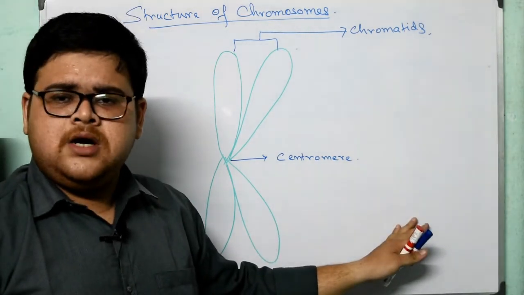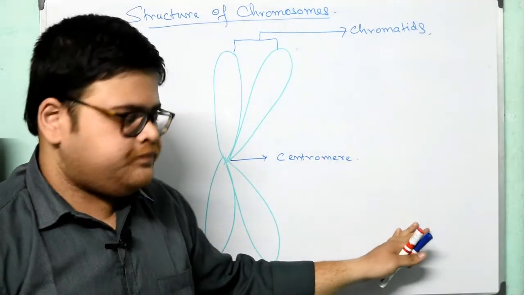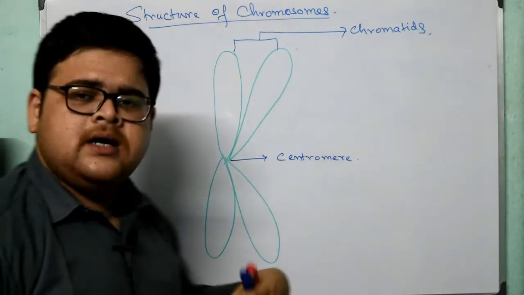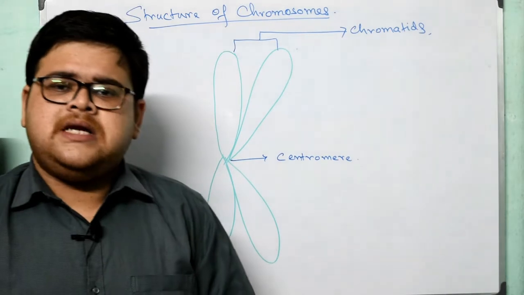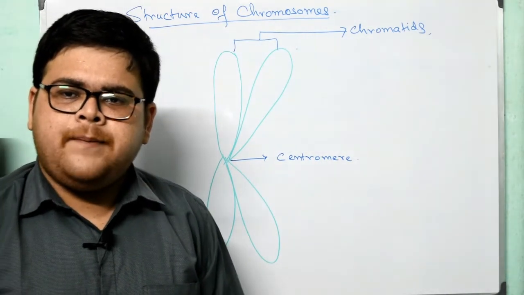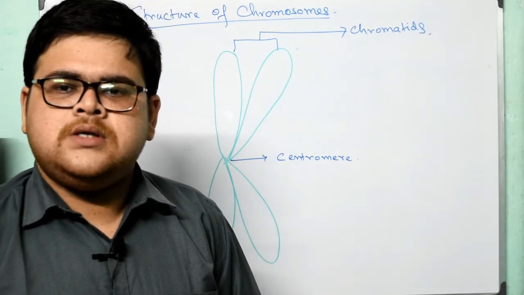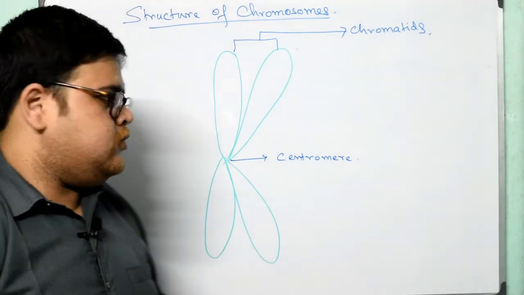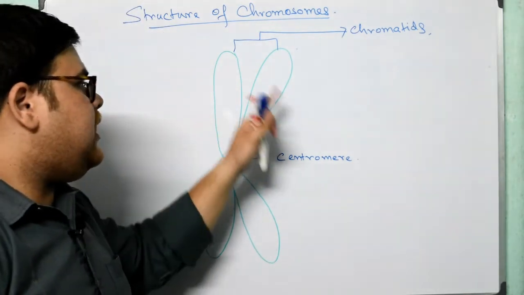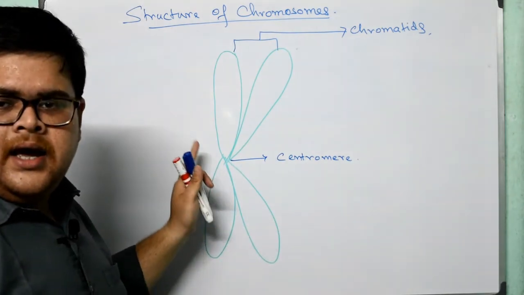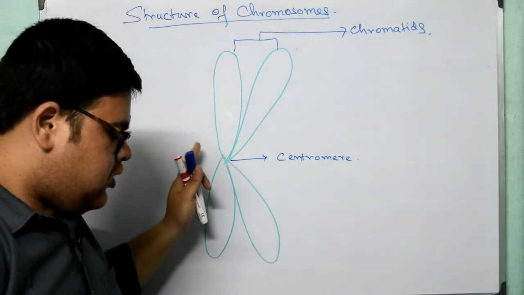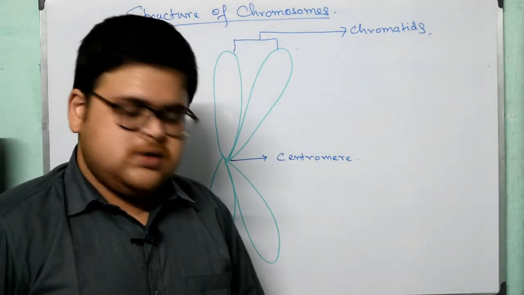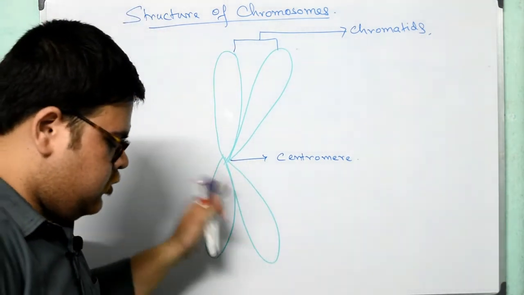Otherwise we call them chromatin fibers. When cell division has already occurred, they become decondensed again. This we will study later on. So this is up to the structure of chromosomes.